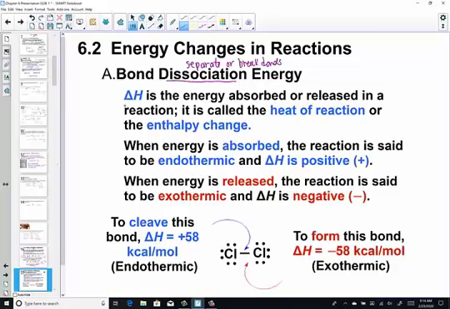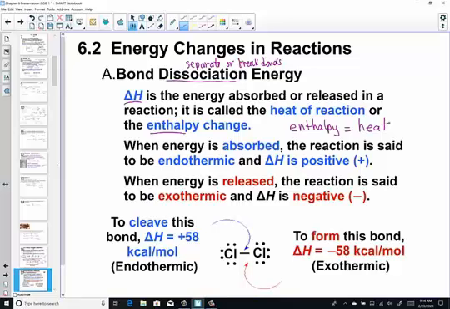And this delta H is going to be the symbol used to represent the heat of a reaction. It's known in thermodynamics as an enthalpy change. The heat of a reaction. If heat is released, we called it exothermic. If heat is absorbed, we called it endothermic.